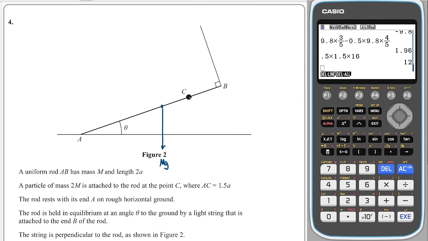And this particle C has mass of 2m, so therefore the weight is 2mg. And it's held up by a string, so there is tension here. And the floor is rough, so the frictional force is going to be acting like this.